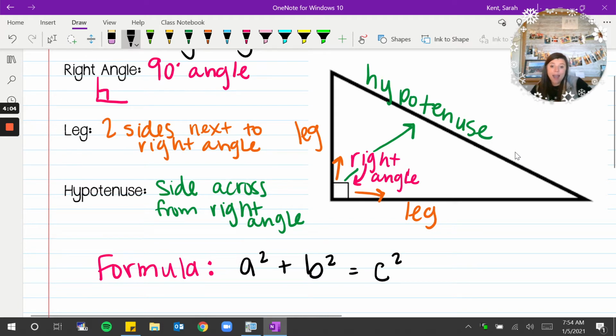Our a and b are going to be our two legs. It does not matter which one's a and which one's b. They just need to be the two sides that are next to the right angle. And then our hypotenuse will always be c.